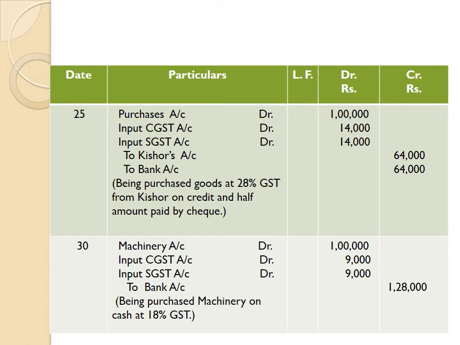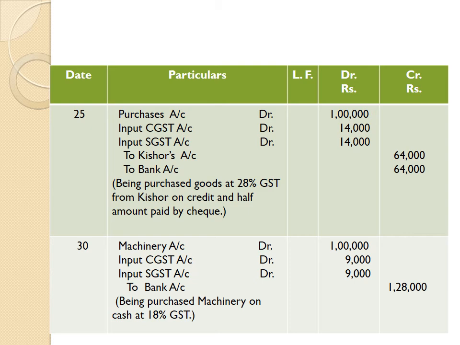So entry for it: purchase account debit rupees 1 lakh. In respect of purchase, GST is termed as input GST. It may be of central government, it may be of state government.